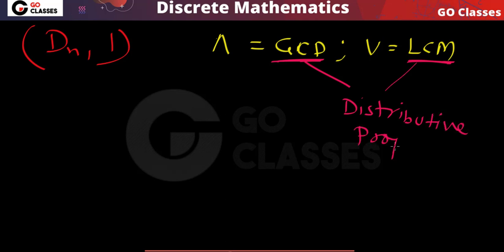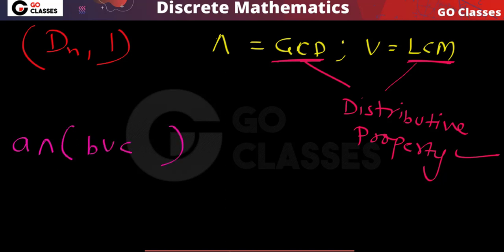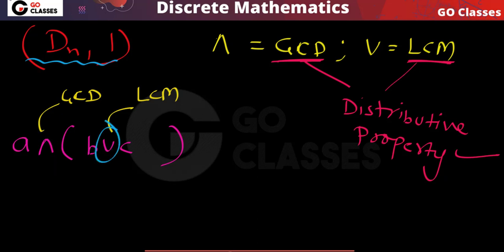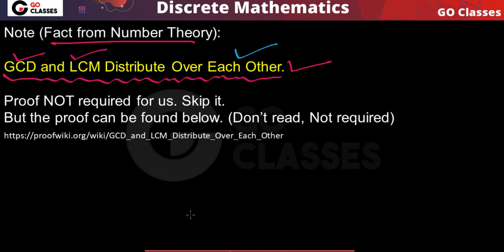What it means is that if I ask you A and B or C, remember this is LCM, and this is GCD, because in this poset GLB is the GCD and LUB is the LCM. And remember, GCD and LCM distribute over each other. This we know from number theory.